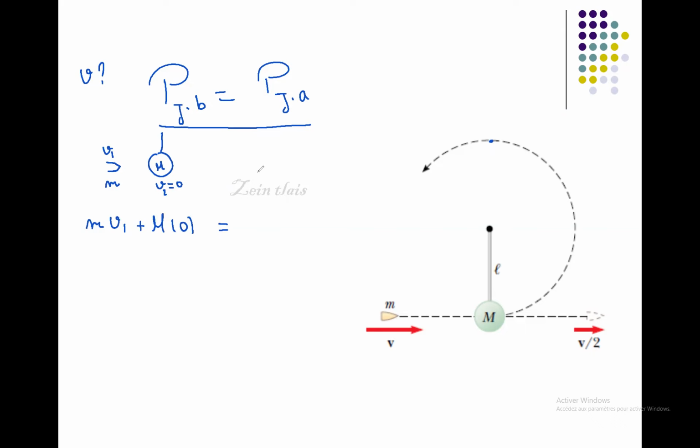After the collision, the pendulum will start to move to the right with V2 prime, and the bullet, after passing through the object, will continue to move with a velocity V1 prime equals V1 over 2.